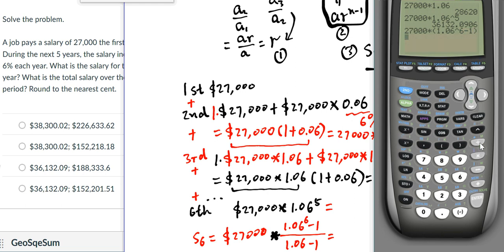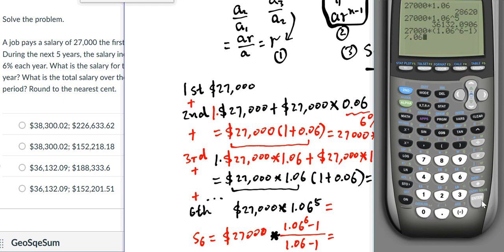You may divide by 1.06 minus 1 using parentheses, and 1.06 minus 1 is just 0.06. So you just use 0.06.